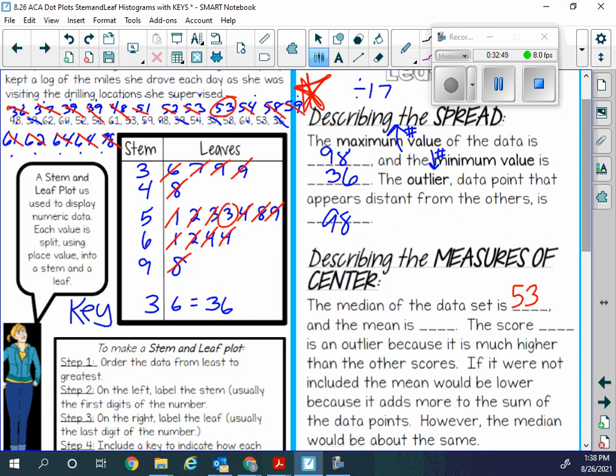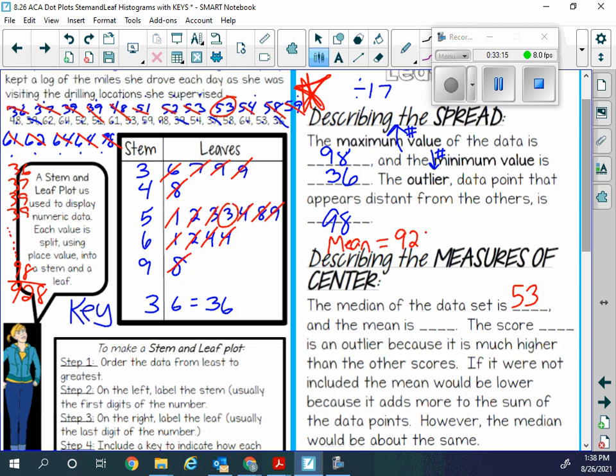The mean. If I was to add 36, 37, 39, 39, all the way down to 98, I'm going to go ahead and give you the total to save us some time. If I add them up, I get 928. So how do I find the mean?